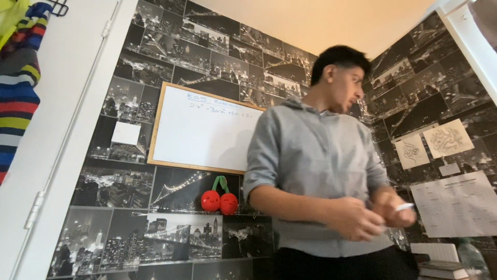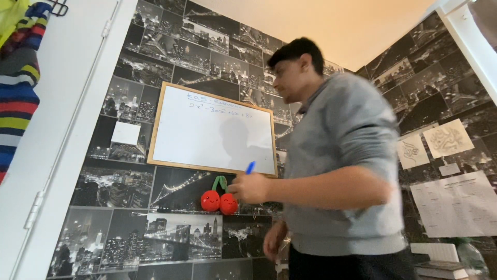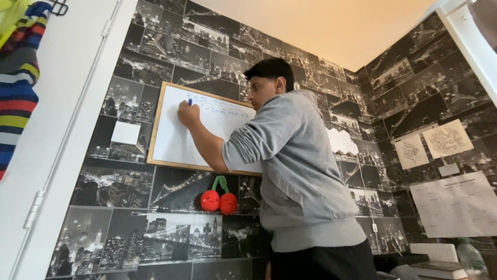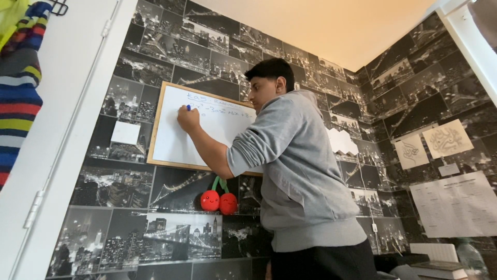Okay. So x minus 4 is a factor, so x minus 4 is equal to 0, x equals 4.